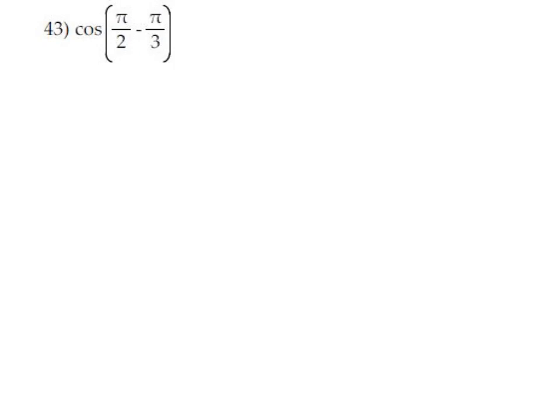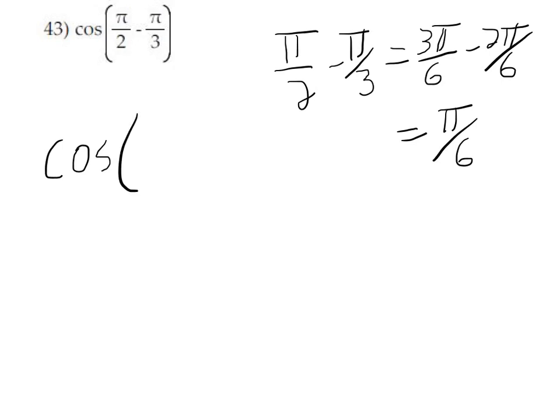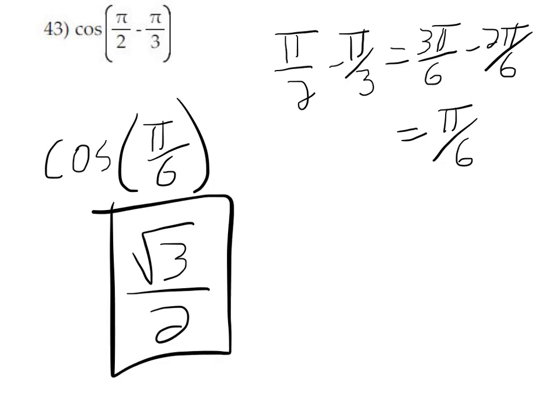Well, pi halves minus pi thirds is no more than a fraction problem. 3 pi sixths minus 2 pi sixths. That's pi sixths. So in other words, we're not looking for cosine of pi halves minus pi thirds. We're actually looking for cosine of pi sixths, which is just square root of 3 over 2. That's all there is to this problem.